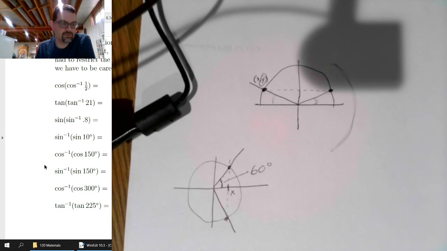So to some extent, one way to think about it is, if it's not going to give me that angle right back, because that angle's not in the range of that function, it will give me the angle in the same reference angle family that has the same value for tangent or cosine or whatever. So, inverse tangent of tangent of 225.